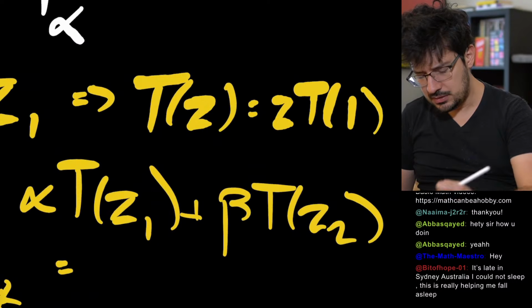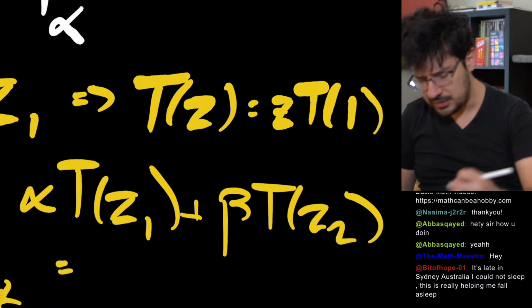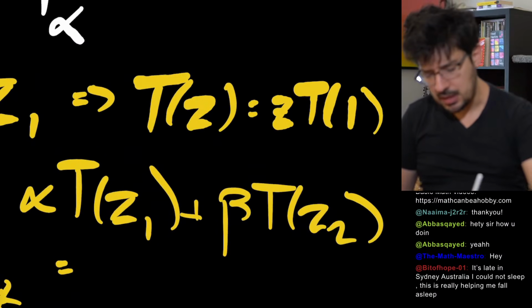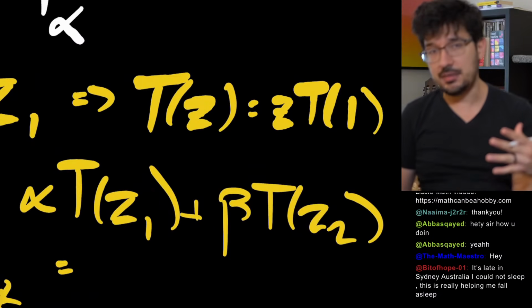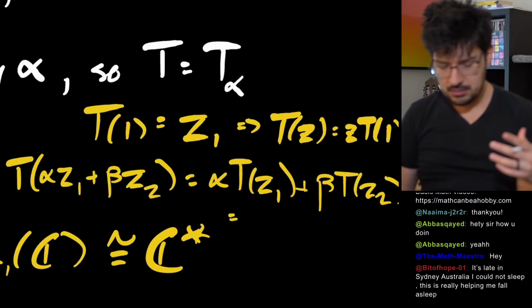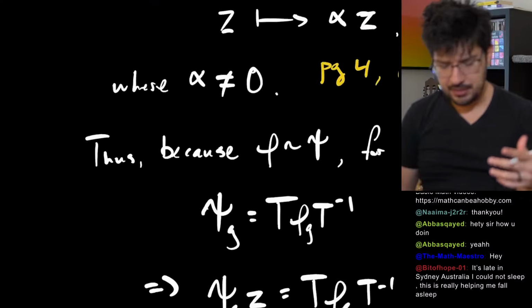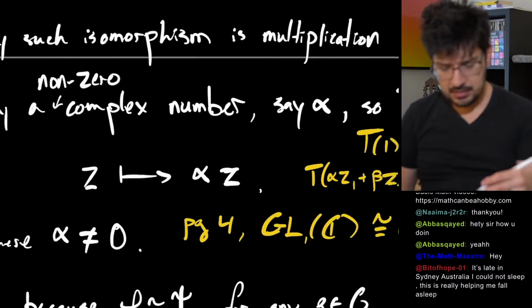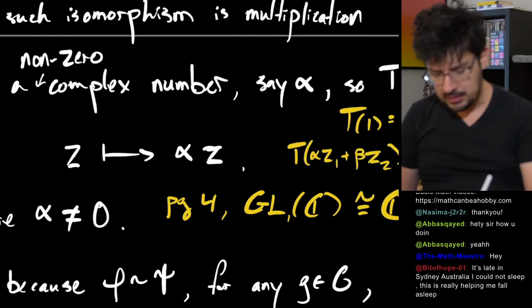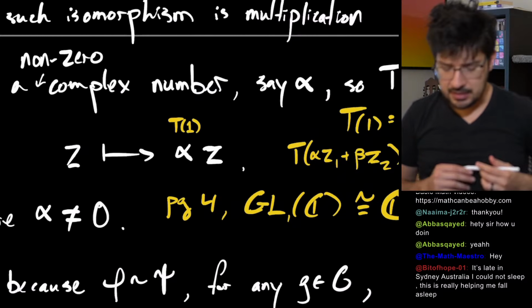So any linear transformation is fully determined by its action on the identity element. So I'm pretty convinced that alpha is whatever T maps the identity to.